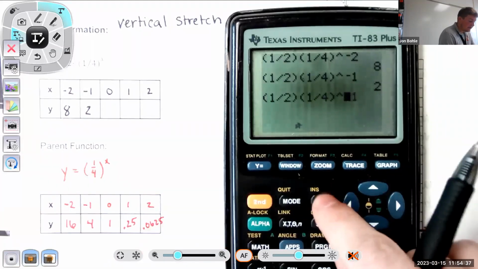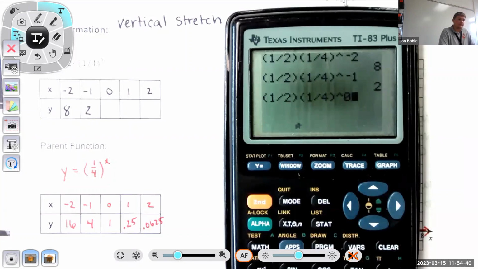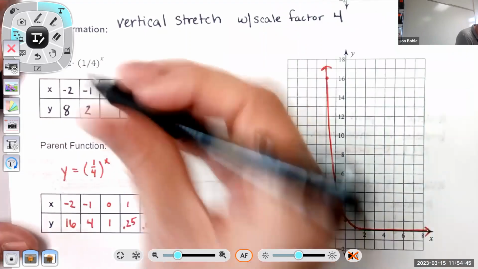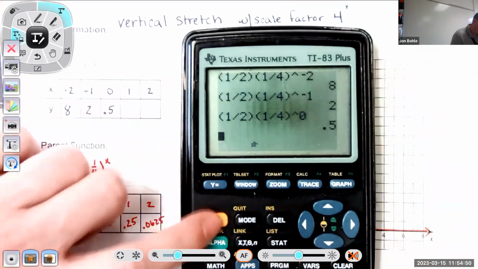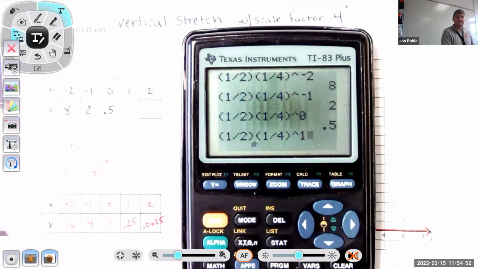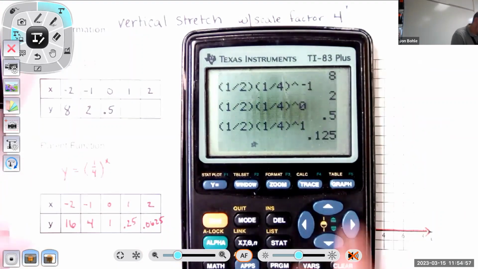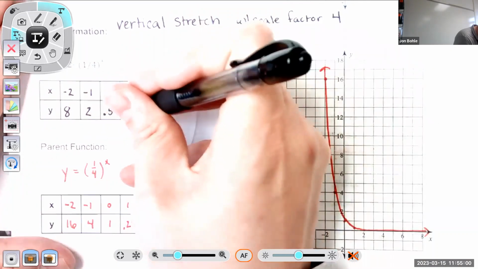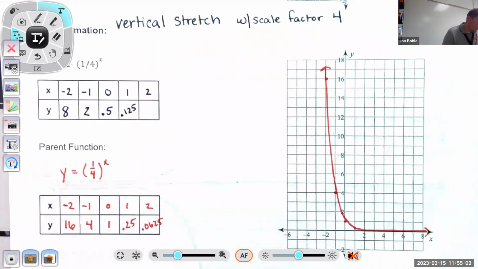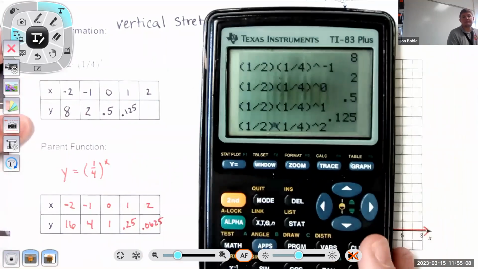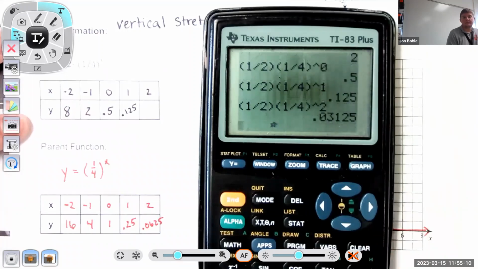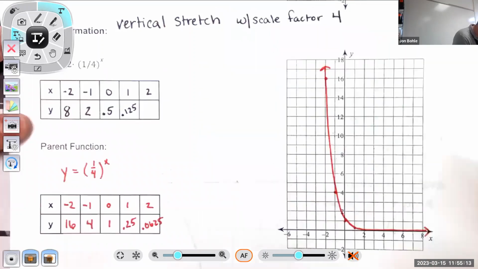Same thing, but instead of -1, I'm going to have 0. And 1. And then 2. 0.03125.